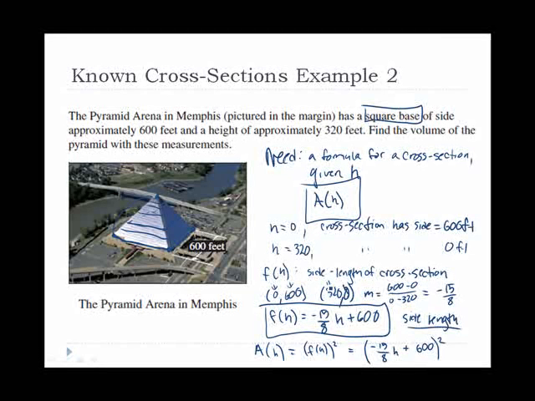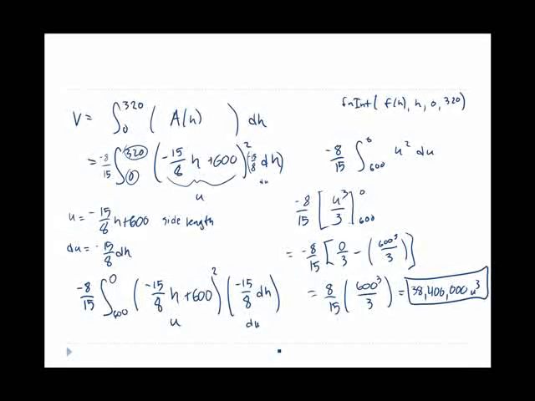For a height of 320, our side length was 0. And we found a function that represented the side length right here. And then if we squared that, that gave us the area of our representative slice. And then we integrated that representative slice from 0 to 320. And like I said, if you can use your calculator, you can stop right here and just put that in your calculator.